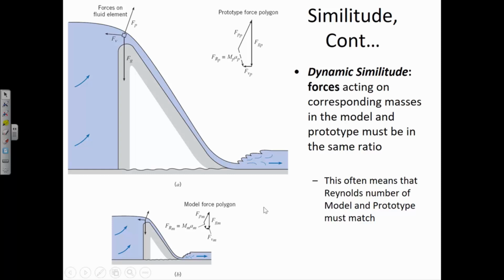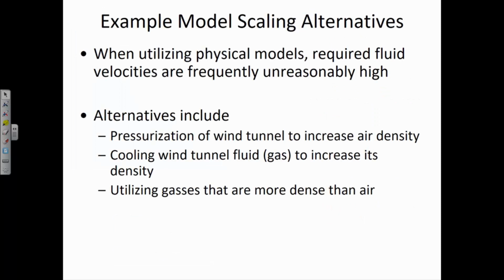And so we want to, for example, look at flow through a small pipe versus a large pipe. If we want to have dynamic similitude, then we'd ensure that the Reynolds number is the same in both of those cases, and then we can ensure that the forces acting on both have been scaled appropriately for dynamic similitude. We'll do some calculations related to that in just a minute.